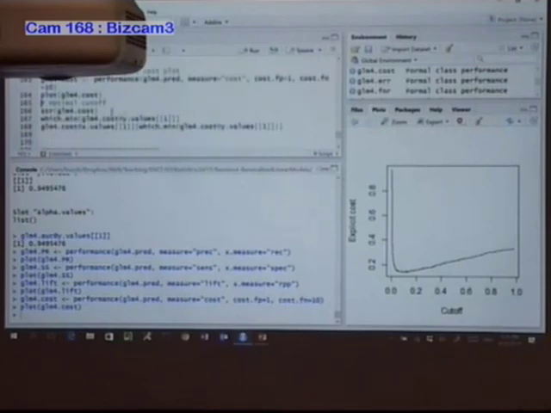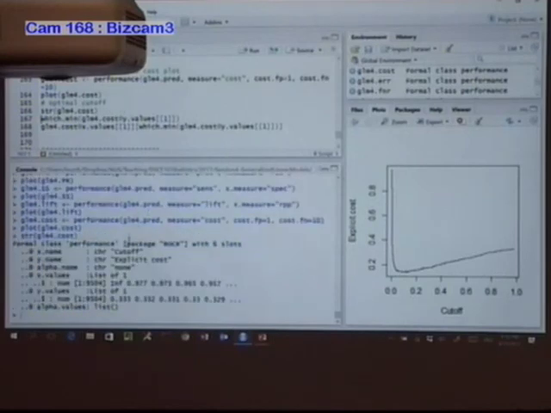And then you need to see how. I can eyeball this curve and find the optimal cutoff about 0.05. But how do I get this number? You need to see inside. Inside, it's a line, but inside basically a series of x values and a series of y values, right? So you need to find the minimum. Where do I find the minimum of the y values? So this is a which.min. So which element minimizes the y values?